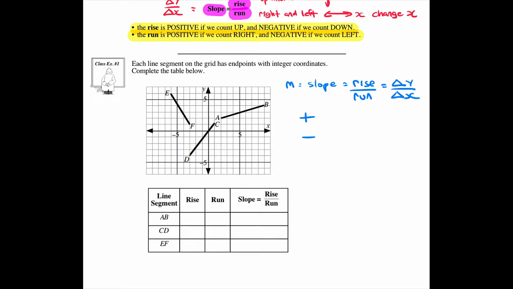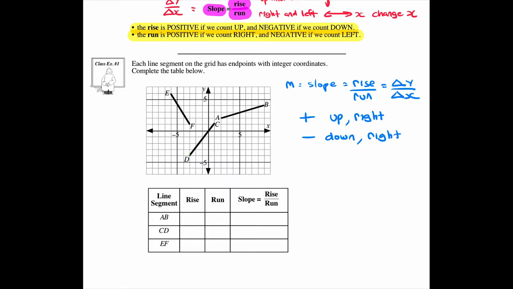So a positive slope will move up and to the right, and a negative slope will move down and to the right.